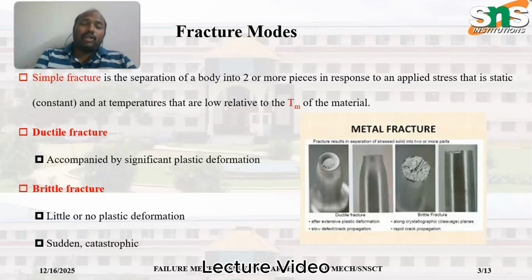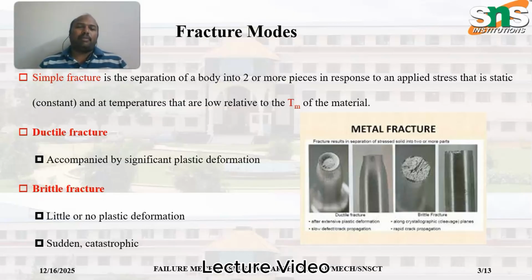It is not completely broken, and if we put the pieces together, we can see some ups and downs, thin structures. That is nothing but the crack grown area or crack propagated area. In ductile fracture, plastic deformation occurs. These ups and downs we will see in the later slides. They are nothing but the crack movement area.